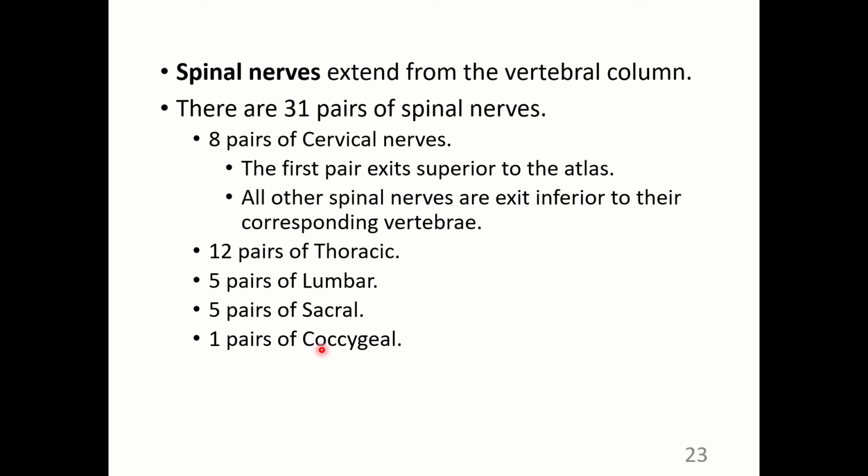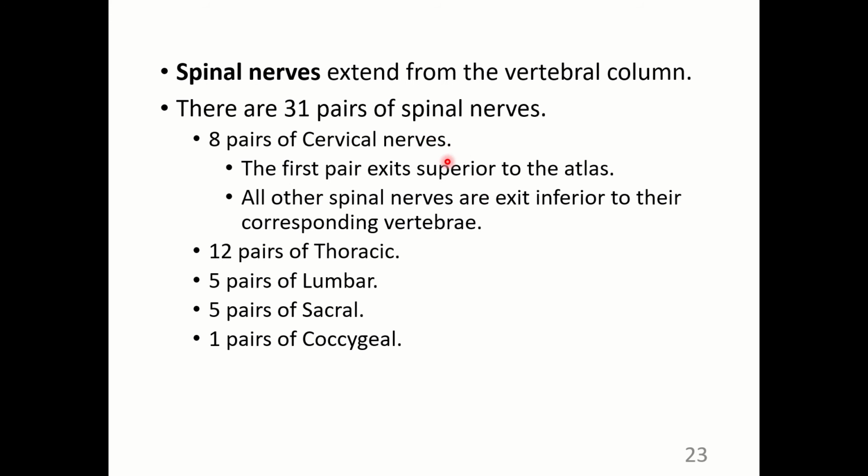The reason that the number of cervical nerves doesn't correspond to the number of cervical bones is that the first pair of cervical nerves exits superior to the atlas, which is your C1 vertebra, or your first cervical vertebra. All other spinal nerves exit inferior to their corresponding vertebrae.